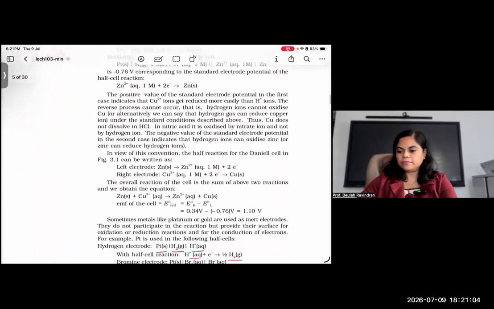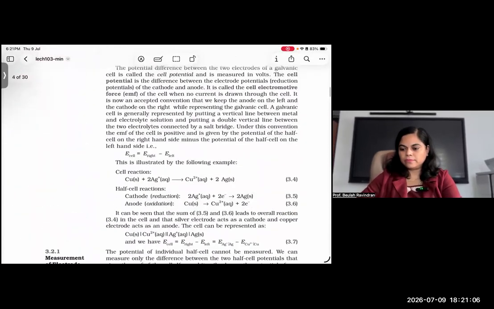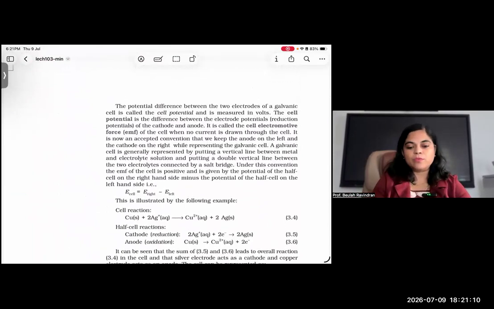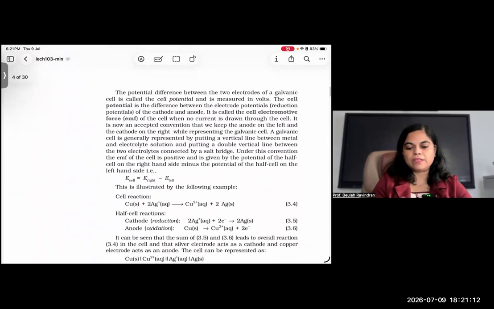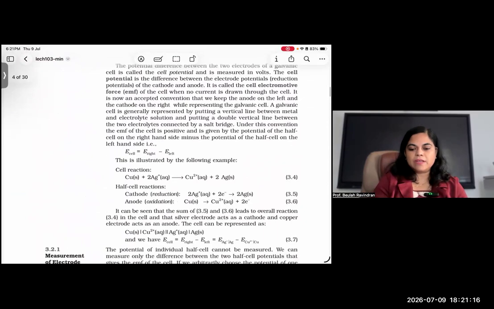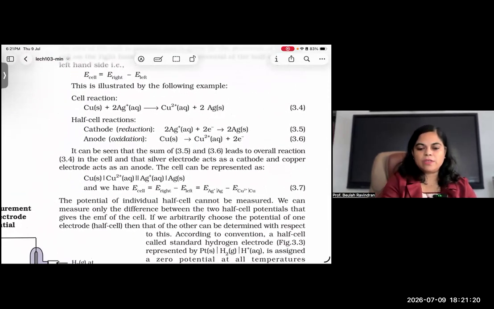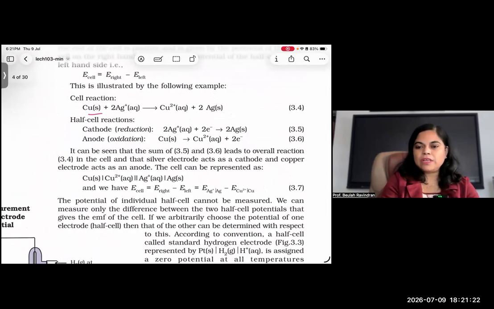Now, you know what electromotive force is; everything I discussed in the last video. For example, we can write the cell reaction as Cu solid plus 2Ag+ aqueous gives Cu2+ aqueous and 2Ag solid. So you know all these things.